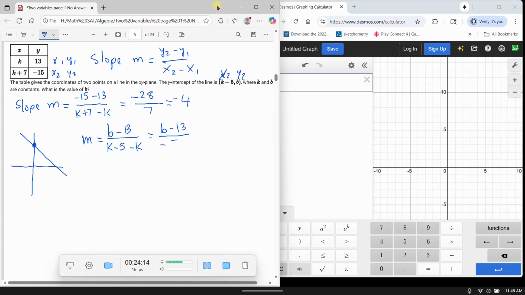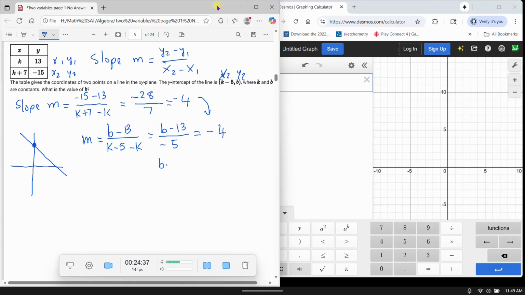On the bottom, we have negative 5. And like I stated earlier, the slope is the same everywhere on a straight line. So since we have negative 4, which is the slope that we found earlier, we can make this slope equal negative 4. Now we solve for b from these two equations.